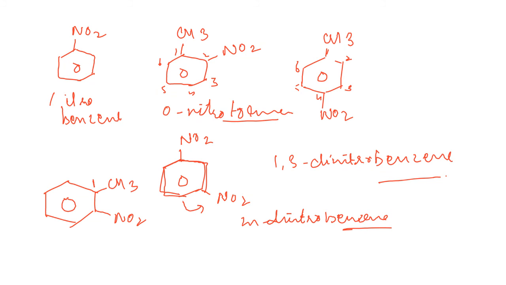Means that 2 number is according to the substituent present on the benzene ring. First substituent. Then we have to fix the position of the functional group. Okay.